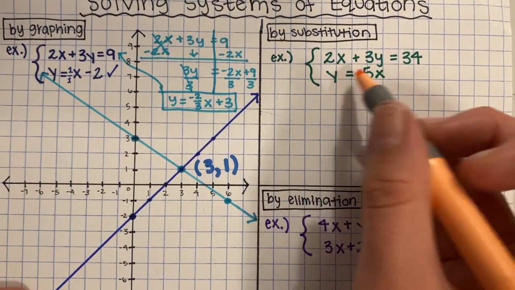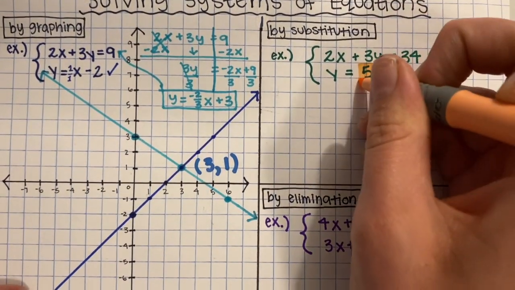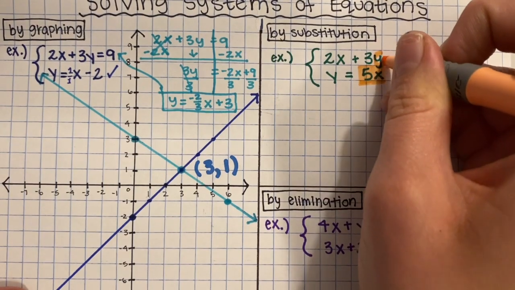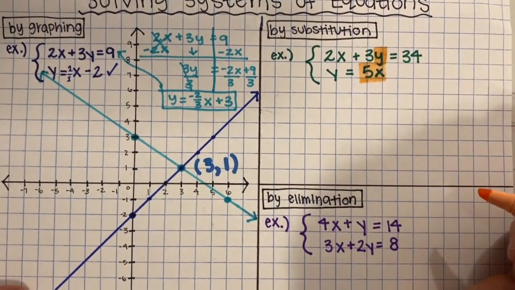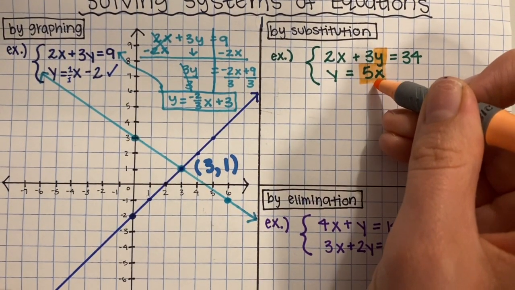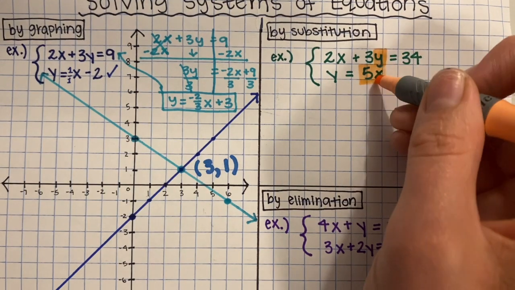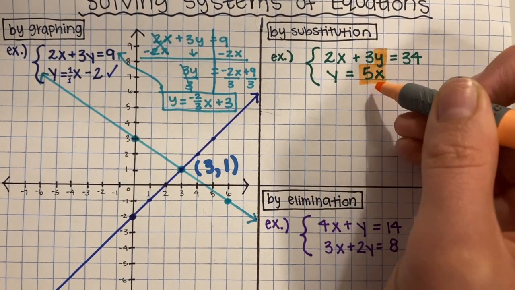So what I can do is, in place of the y in this equation up here, I can put this side of my other equation, because y equals 5x. So in place of y, I can just put 5x.